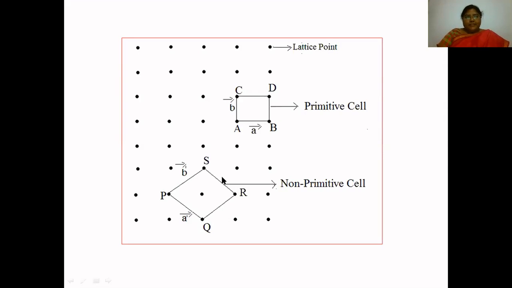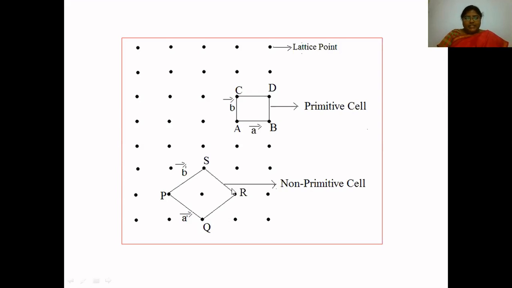Whereas in the non-primitive cell PQRS, we have lattice points at the corners as well as one complete lattice point present at the center. So the number of atoms in this non-primitive cell can be calculated as follows. Each corner atom contributes 1/4 part. So 4 into 1 by 4 comes to 1, plus one complete atom present at the center.